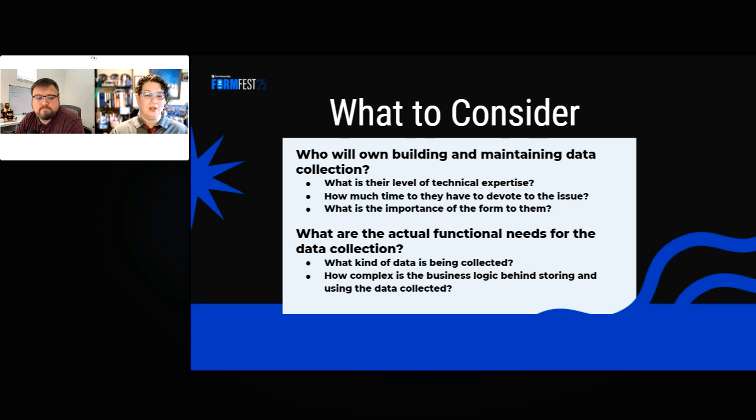Right. So you talked a little bit about the complexity of the data, and on the slide we also have the complexity of the business logic. Does the type of data you're collecting come into this? Absolutely. Again, choose the example of an RFI form: first name, last name, email.